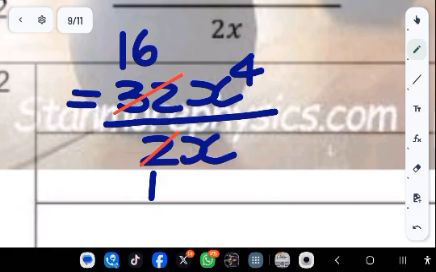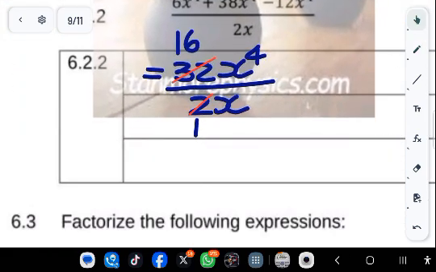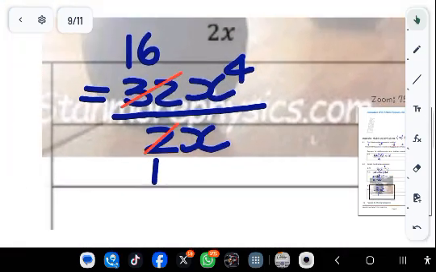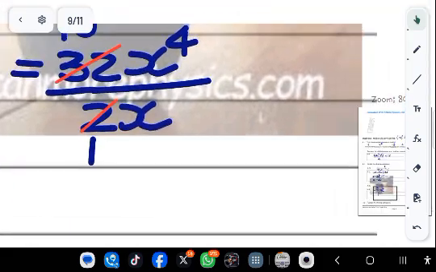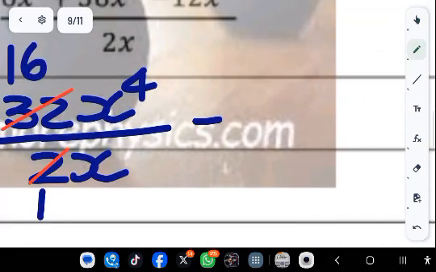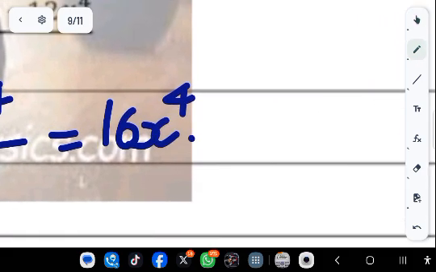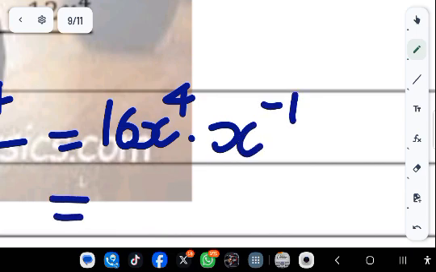And then now we've got the x. This is what you can do with the x. So that is 16x to the power of 4. And now you take the x to the top. It becomes x to the minus 1.